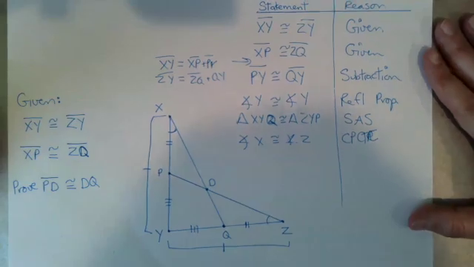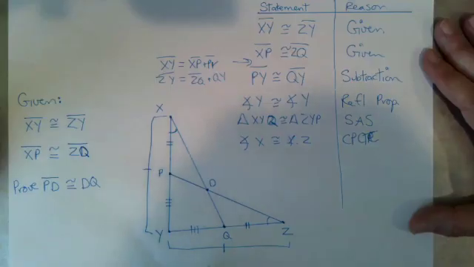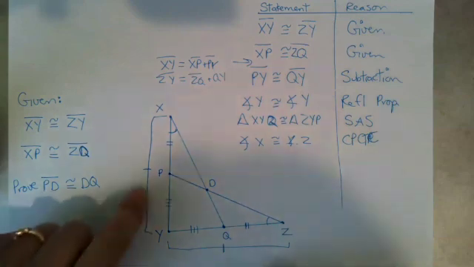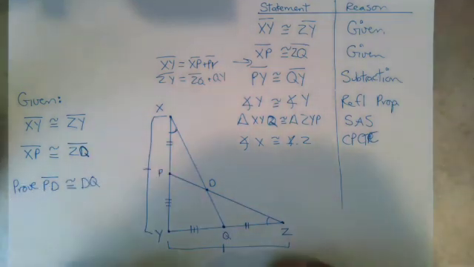Now we just need one more angle. Wouldn't it be lovely if we could prove that this angle was congruent to this angle? Well, let's take a peek. So again, I ask the question, what are these guys sort of part of that we know anything about?